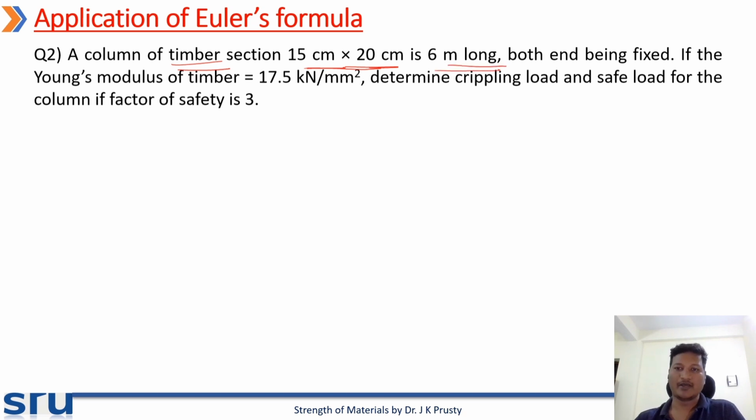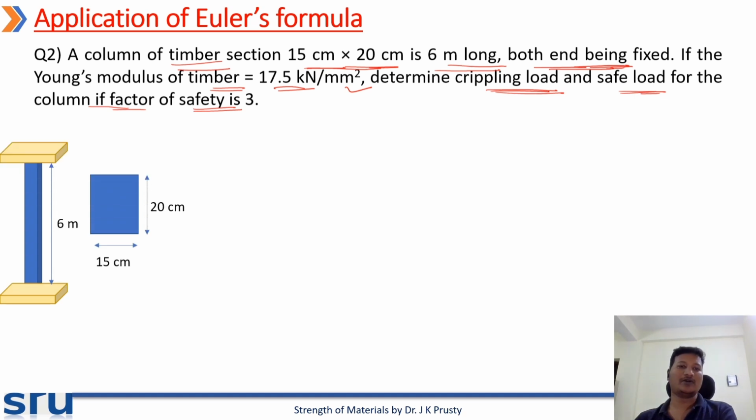The end condition is given, both ends are fixed. The Young's modulus of timber is given as 17.5 kilonewton per mm square. We need to find out the crippling load of the column, and again the safe load that the column can carry if the factor of safety is given as 3.